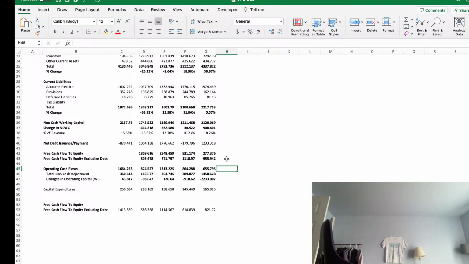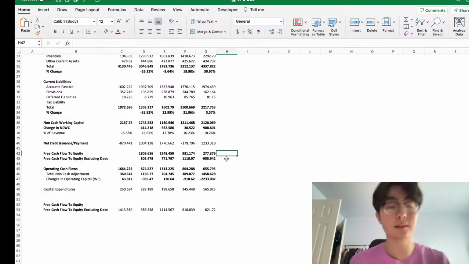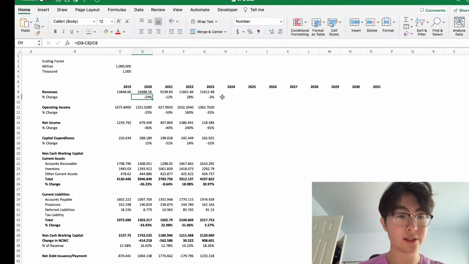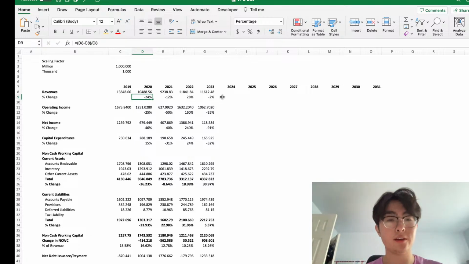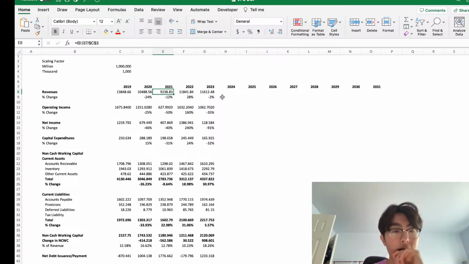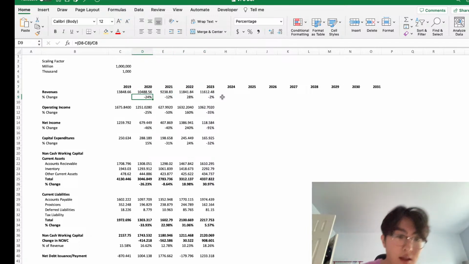Time to look at our valuation. Maybe let's look at the numbers here. So we can see that over the course of the past 4 years, the company has had a decline in revenues.